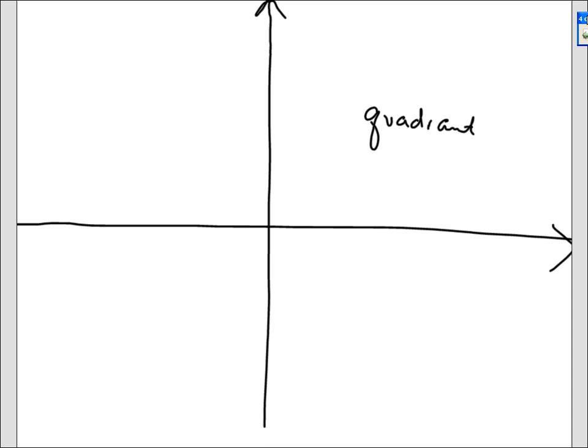Let's talk about one last thing. That is called quadrants. The xy axes break up the plane, in this case, the whiteboard, into 4 regions. Quadrant 1, quadrant 2, quadrant 3, quadrant 4.